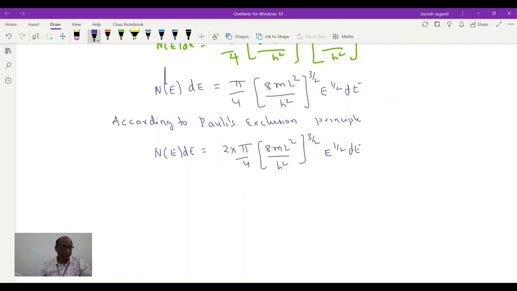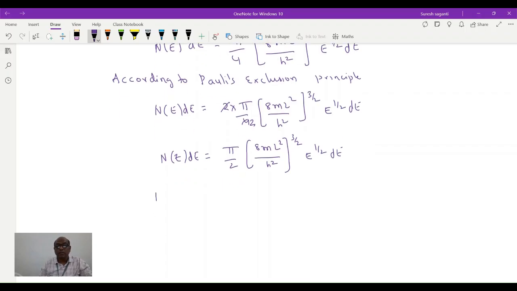So now n of E dE can be written as, 2 ones are 2, 2 twos are 4, so pi by 2 into 8 m l square by h square whole power 3 by 2 E power 1 by 2 dE.